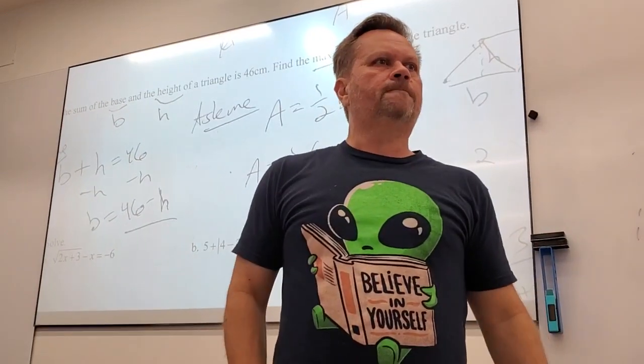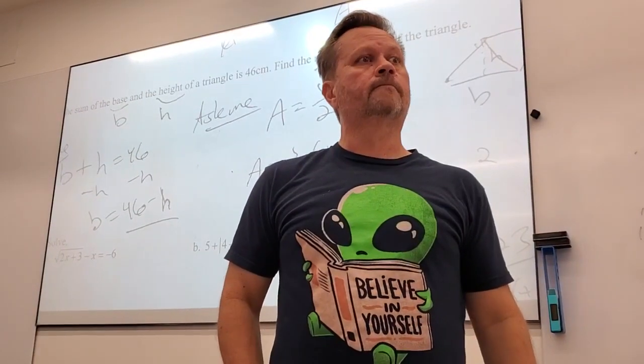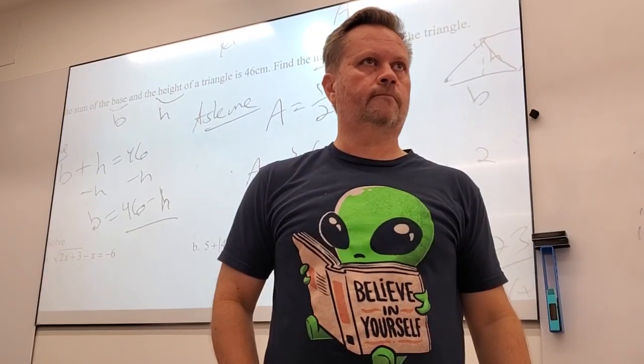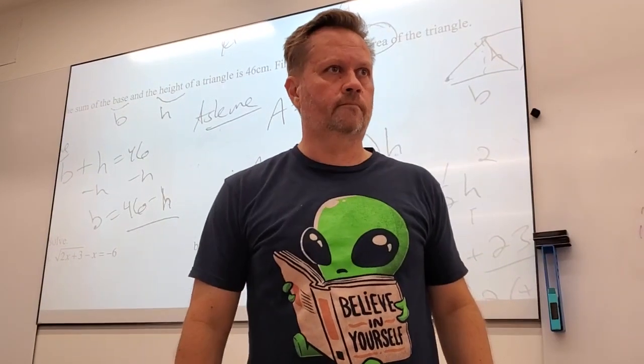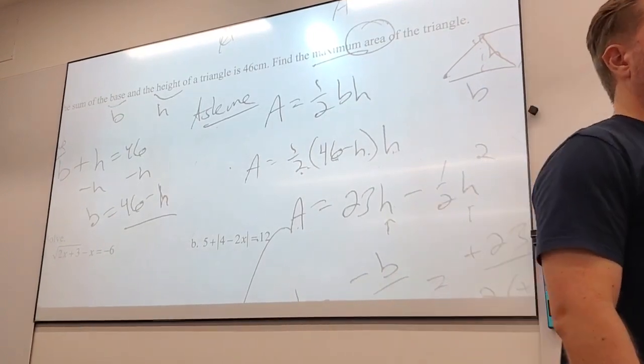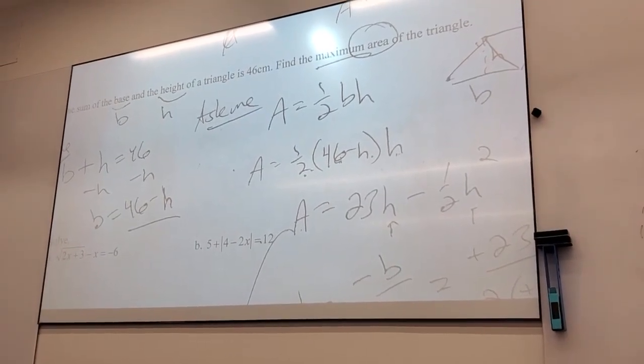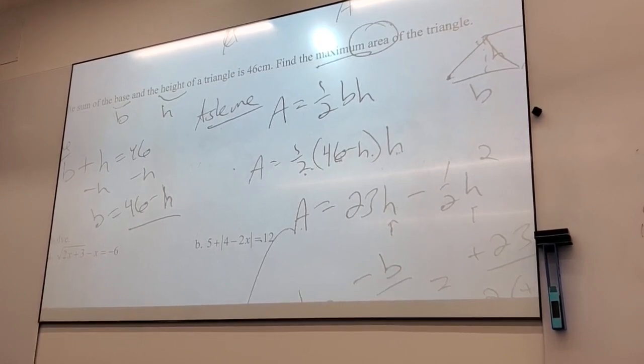Well, what I'm saying is, you could have one leg that's like 40 centimeters and one that's 6 centimeters, and it still adds up to 46. Sure. And it'd be like a super skinny scalene triangle. Sure, totally. But if you got an isosceles triangle, then you got legs of equal length.